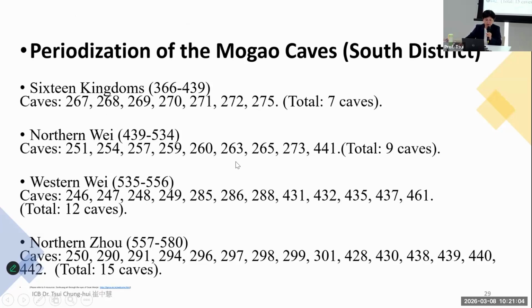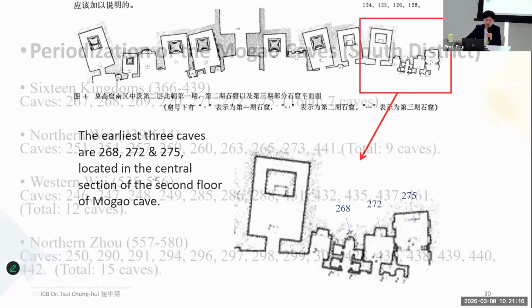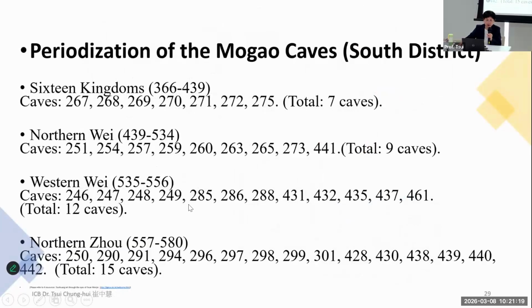And in the Northern Wei, there are several very famous caves, such as 254, 259, and also in the Western Wei, we have the very famous cave 285. It contains a written inscription of the year. And in the Northern Zhou, we have cave number 296. It is also very popular, and 428.